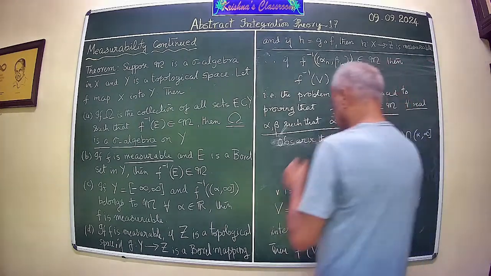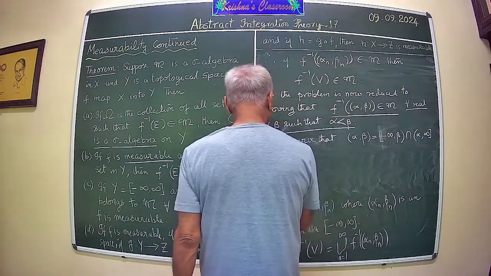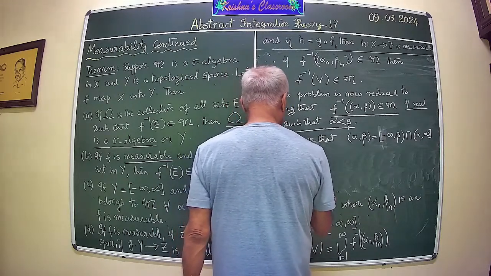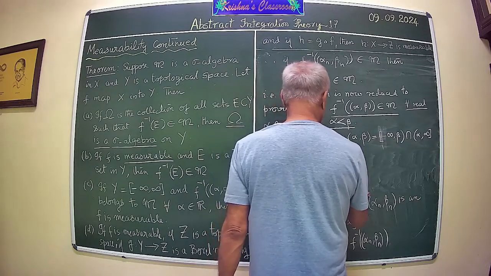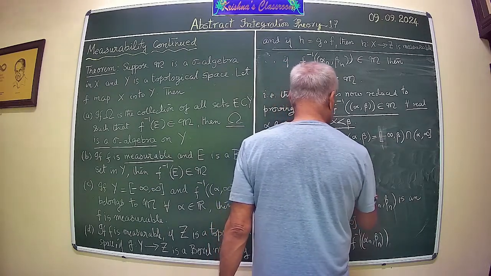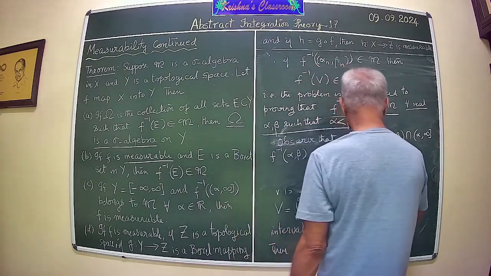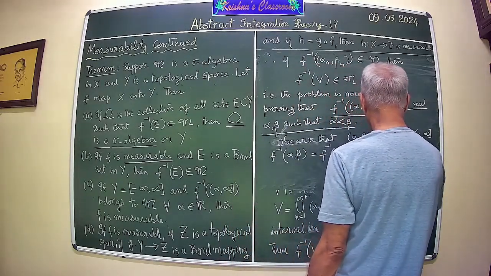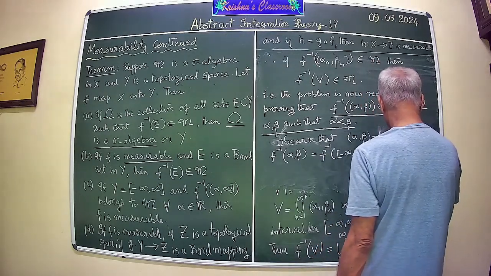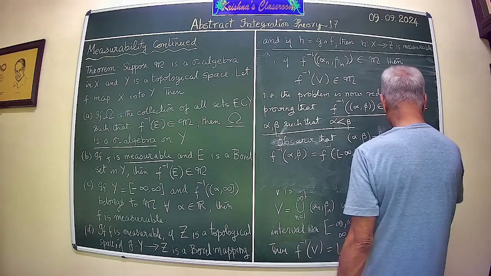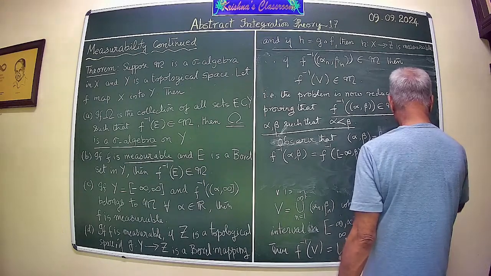So it is sufficient to show that F inverse of alpha, beta is equal to F inverse of minus infinity, beta intersection F inverse of alpha, infinity.